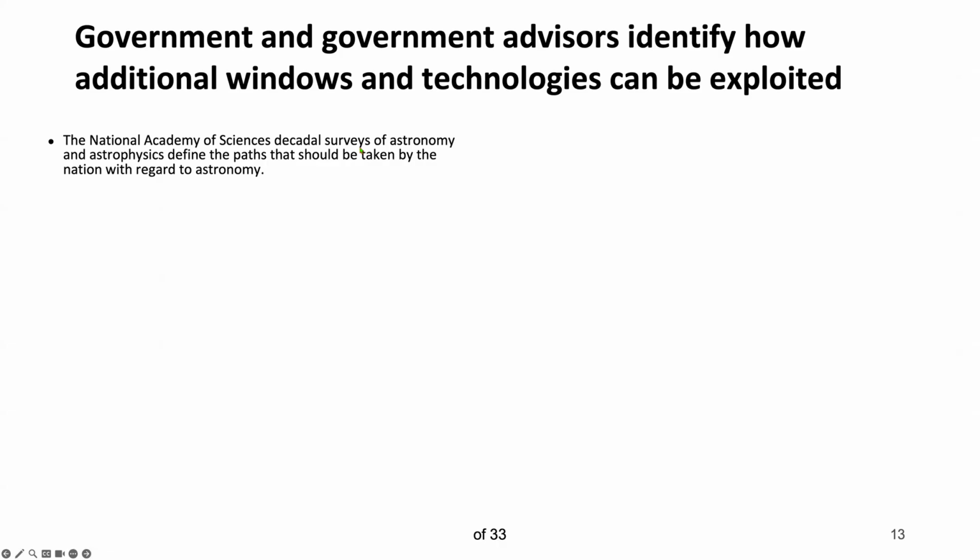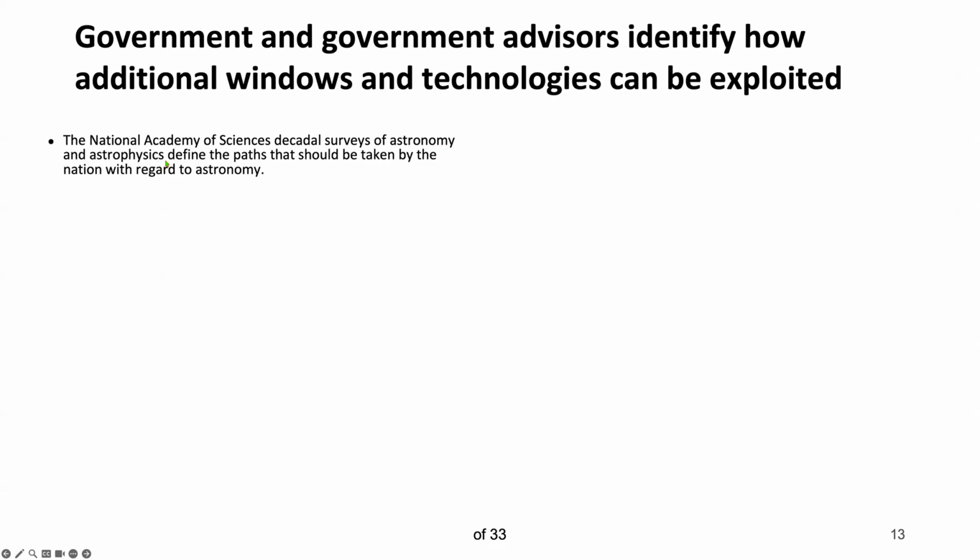And this involves engaging a few thousand astronomers, each with a specialty in certain areas of astronomy, to write a guide for the next 10 years. So I'm not sure when the first decadal survey was, perhaps 1980. And so every 10 years, we get a product from the National Academy guiding astronomy and astrophysics.